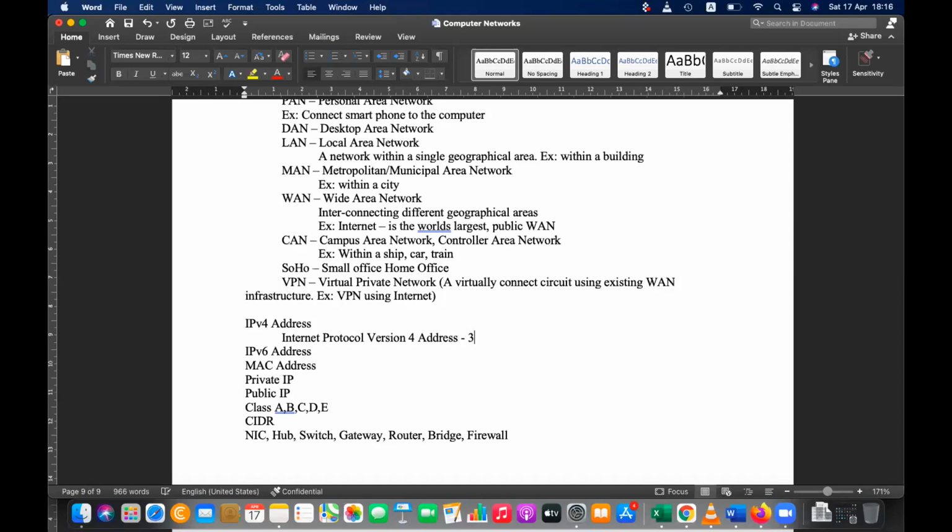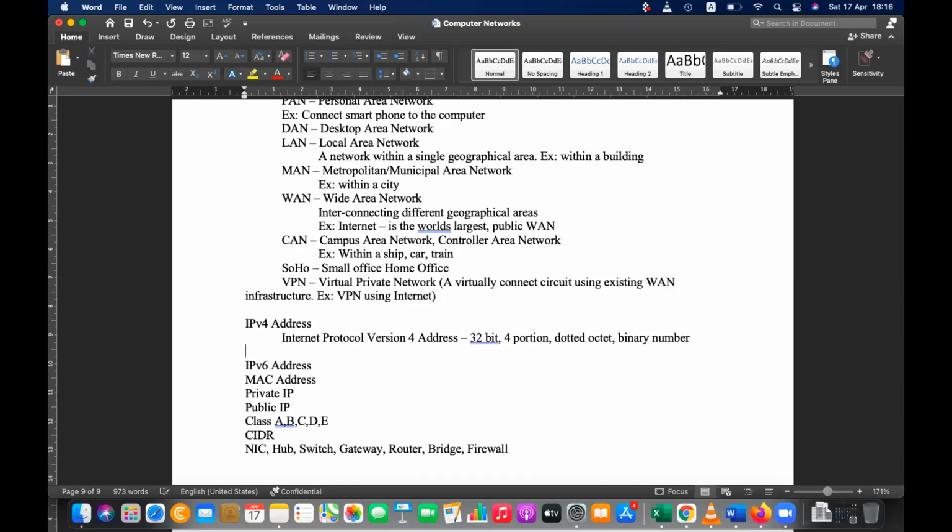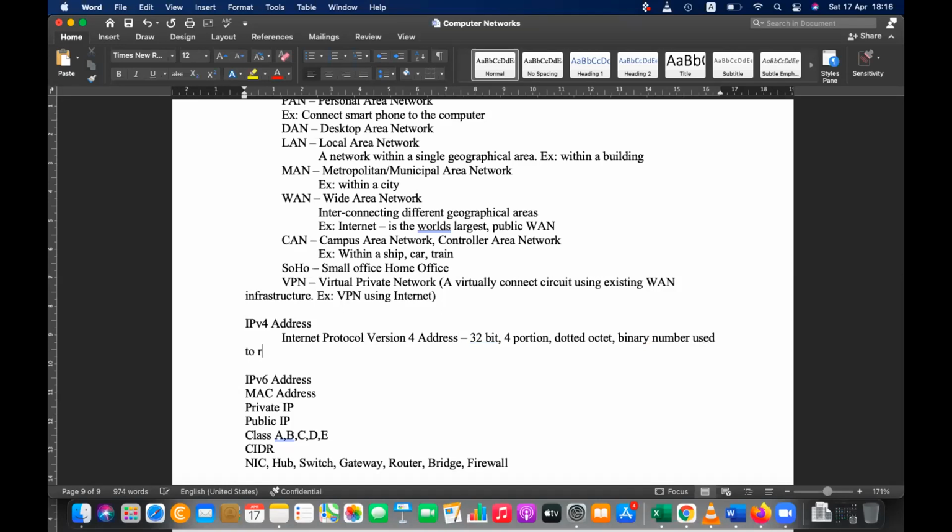It's basically a 32-bit, 4-portion, dot-separated binary number. It is used to recognize a network-connected computer or device uniquely.